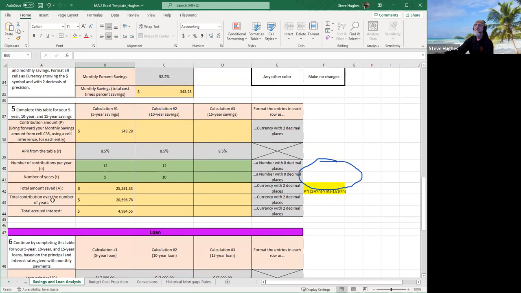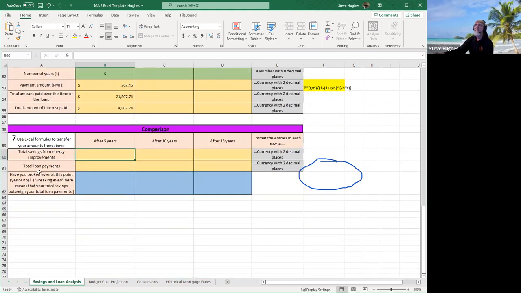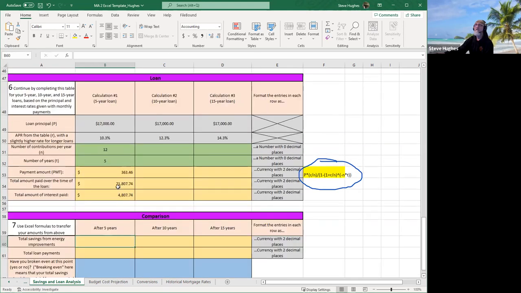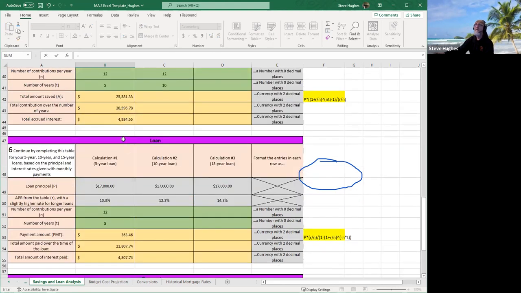The total contribution over the number of years, right, from my savings. That is B43. The total loan payments, that is B54. So once again, equals, and just scroll up if you want to, or type it in, it doesn't matter, B43.